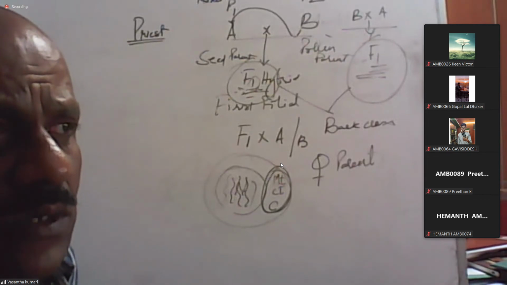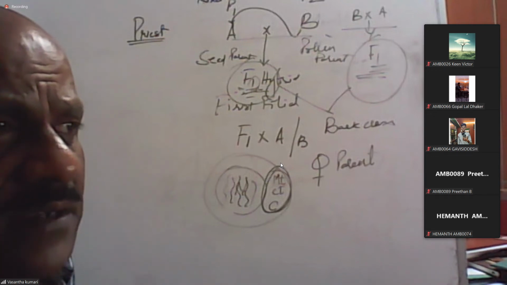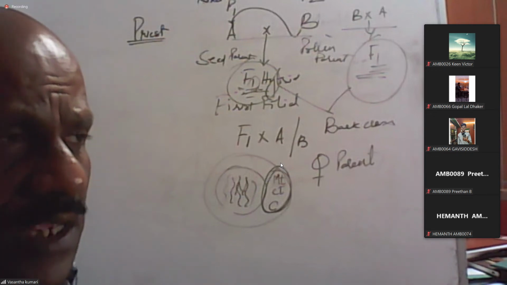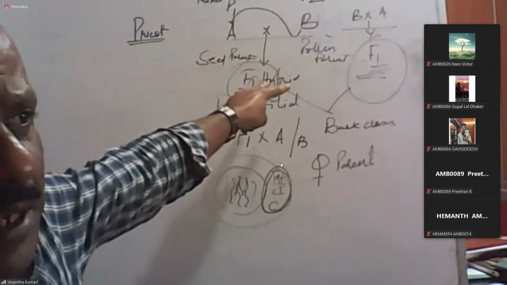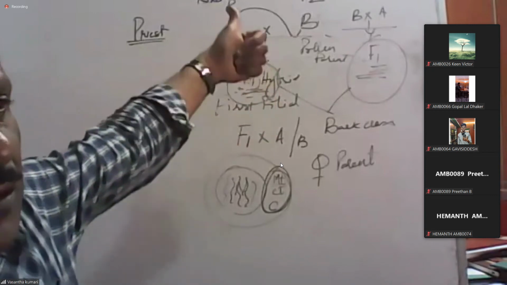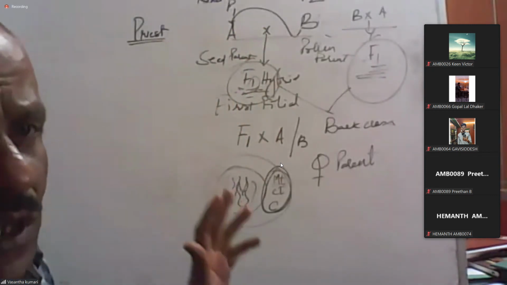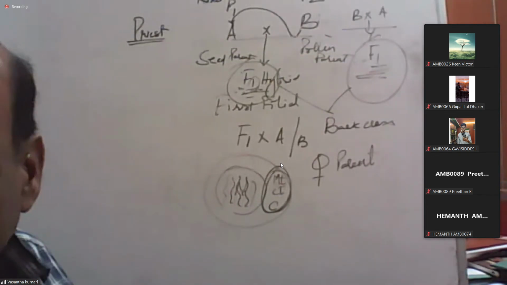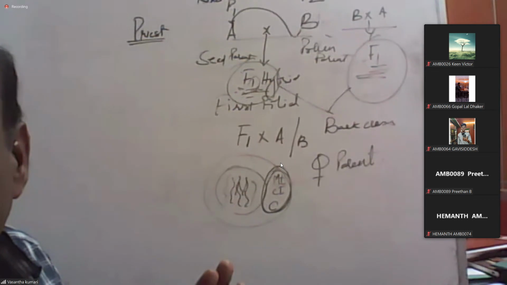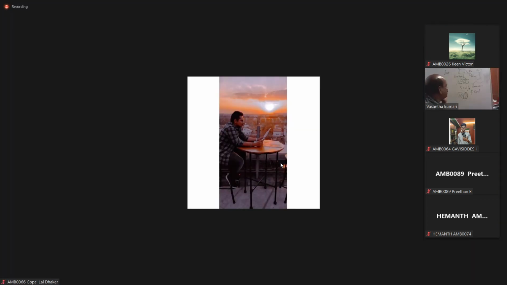If there are no reciprocal cross differences, we assume the character is under the influence of nuclear genes. If there are significant differences in the F1 hybrid phenotypic expression from a set of reciprocal crosses, then we presume the trait is under the influence of cytoplasmic genes. Clear? Okay, that is the purpose of making reciprocal crosses.